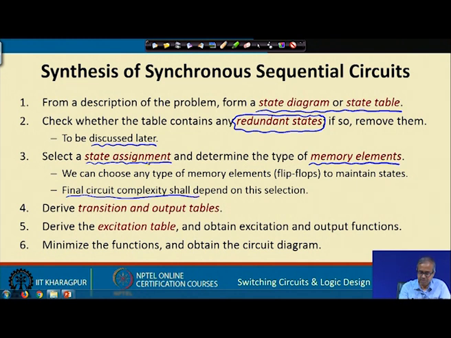From this state assignment and selection of memory elements, you first determine something called transition and output tables, and then the excitation table. And from the excitation table, you use some minimization technique. You start with the excitation and output functions, minimize them, and finally obtain the circuit diagram.